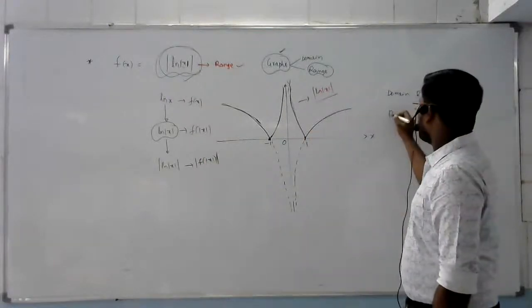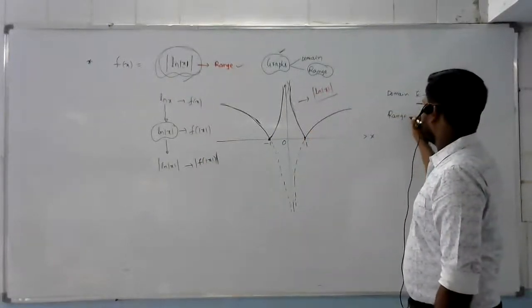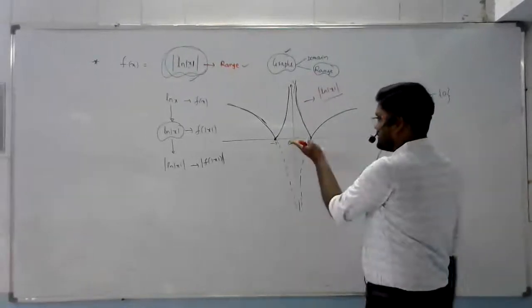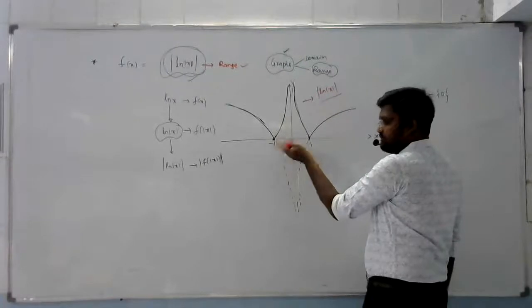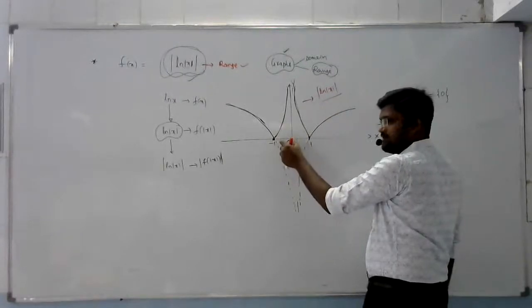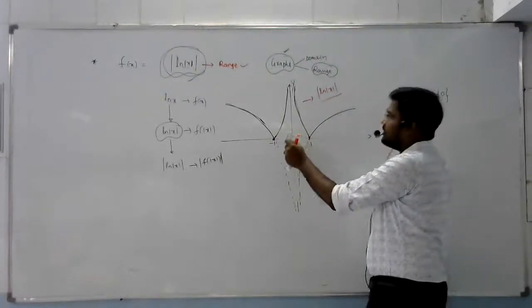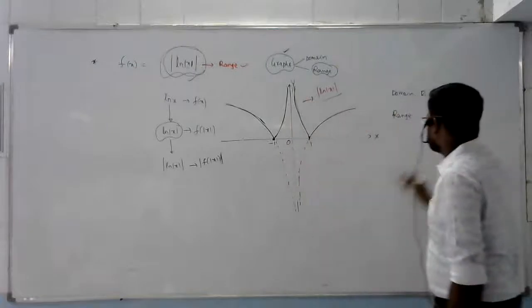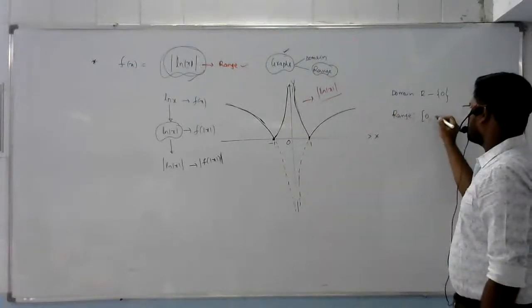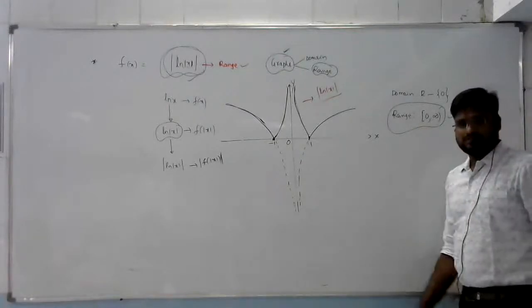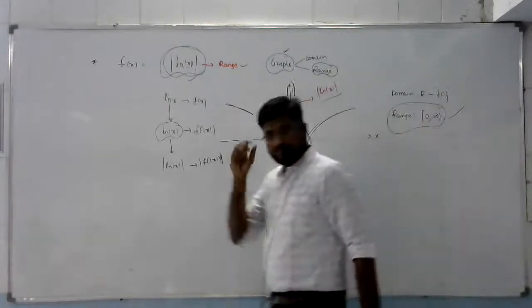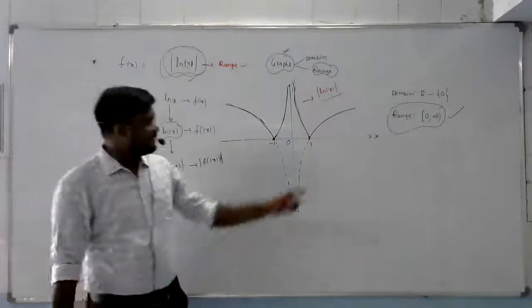Understand? Now what about the range? Range means vertically. It is lying above the x-axis, isn't it? So starting with 0, because at 1 as well as minus 1, its value is 0. And that is the minimum value, up to infinity. So the range will be closed 0 to infinity. So this is the answer. I hope this is clear to everyone. Please let me know if you have any confusion.